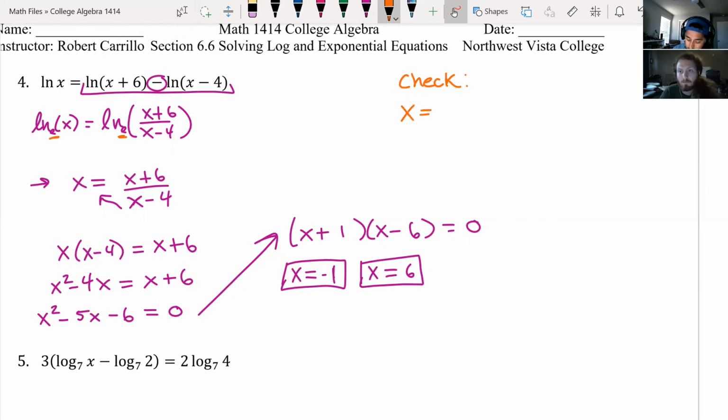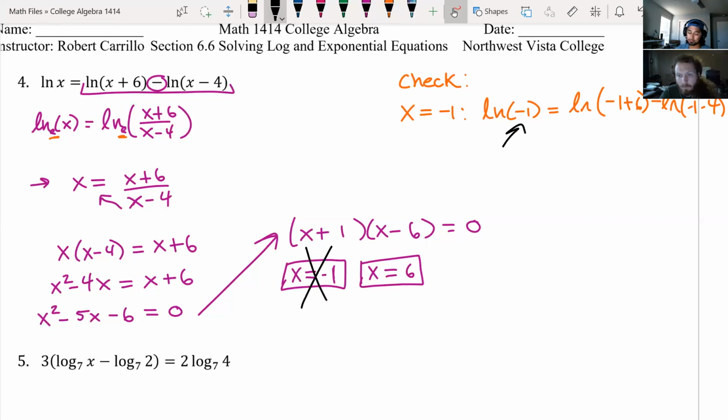So at x equals -1, you'll get the natural log of -1 equal to the natural log of -1 plus 6 minus the natural log of -1 minus 4. Well, this is already a dead giveaway because we can't take the natural log of -1. So -1 is out.